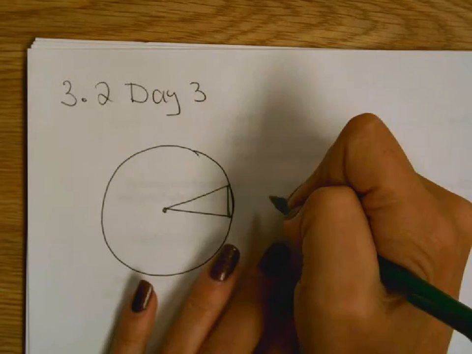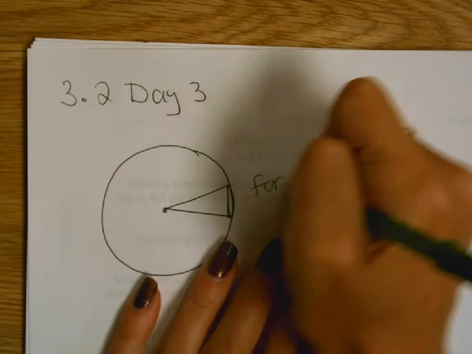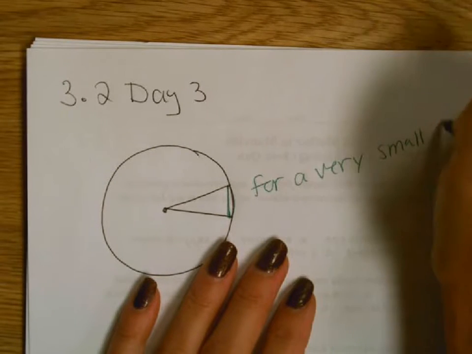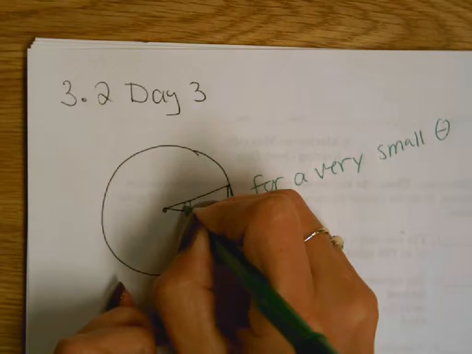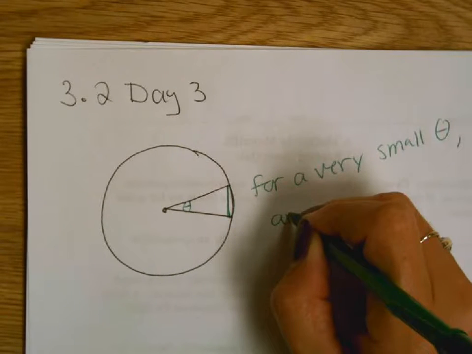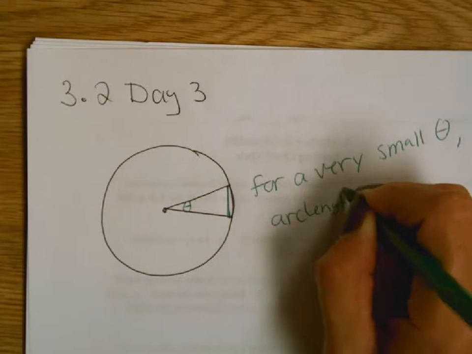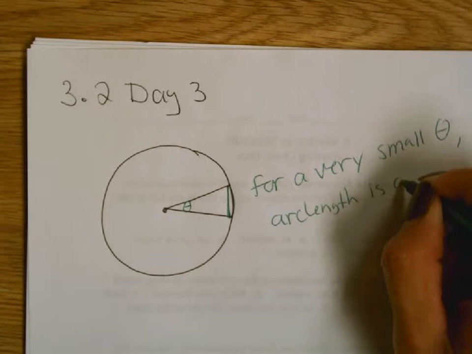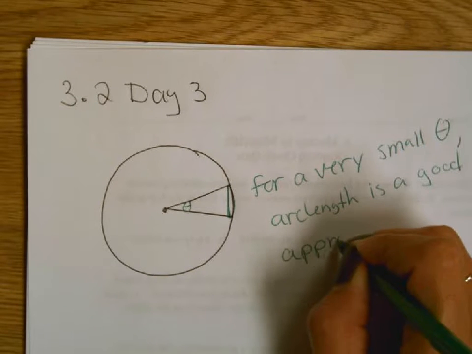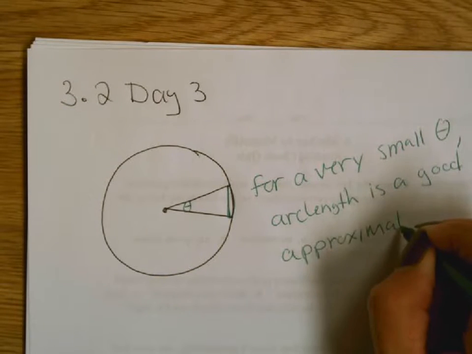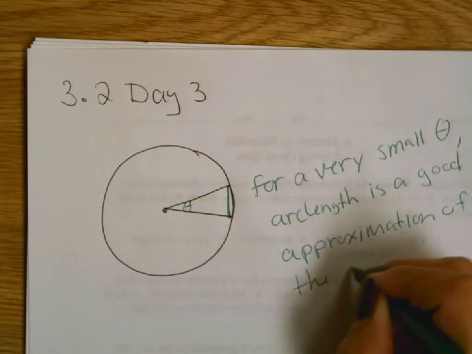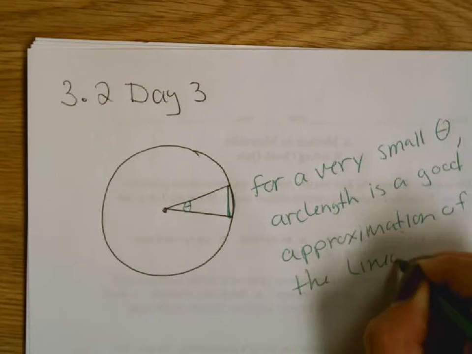Okay. So the arc for a very small theta value, the arc length is a good approximation of the linear distance.